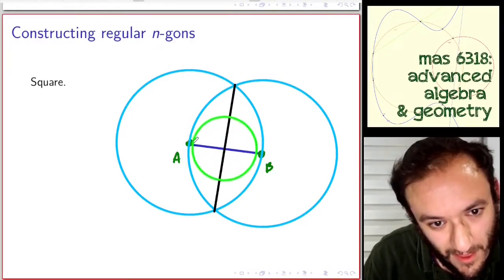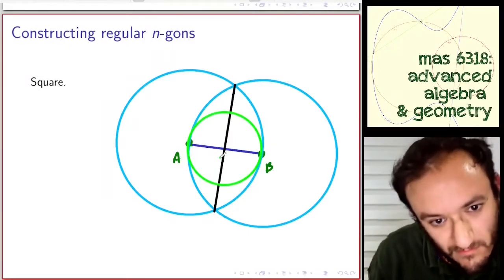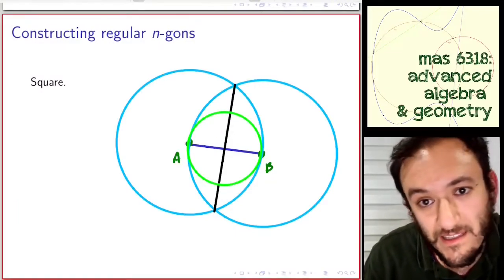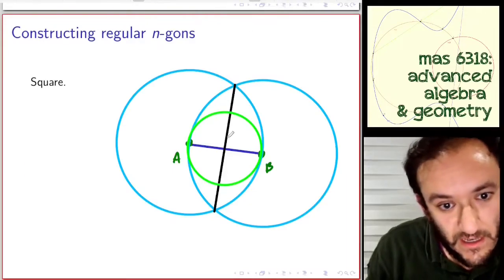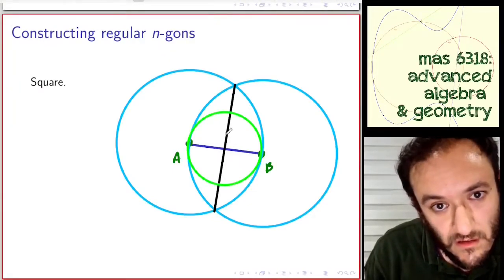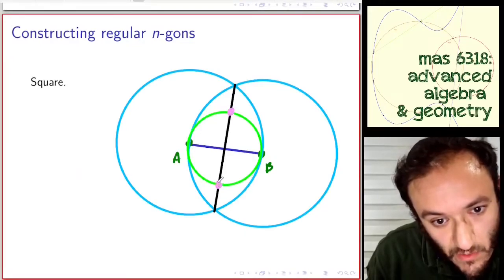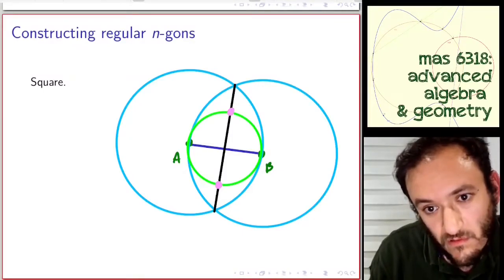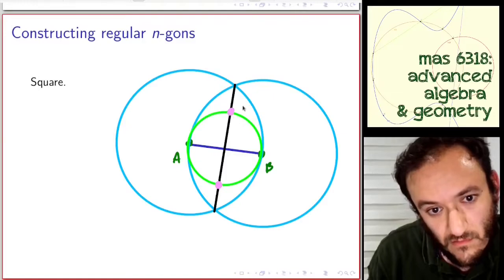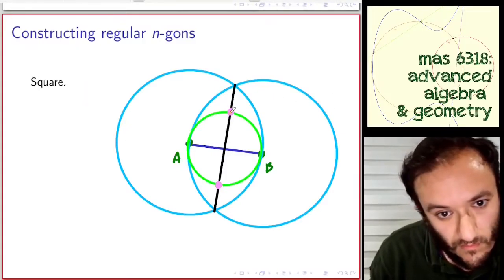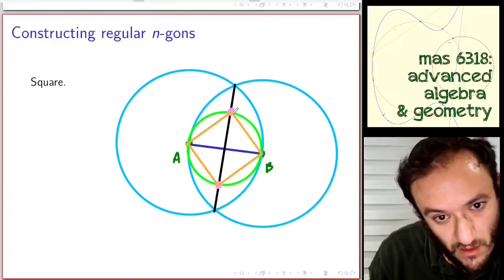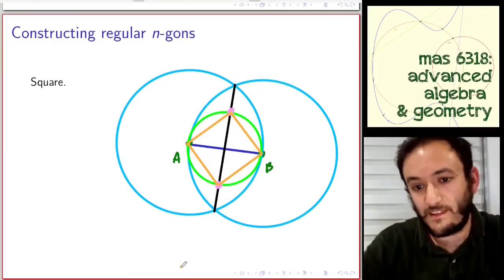One more try. Okay. Oh, that's pretty good. And then where the perpendicular bisector intersects that circle gives us the remaining corners of our square. Okay, and so we'll have one, two, three, and four. Okay, and that's a square.